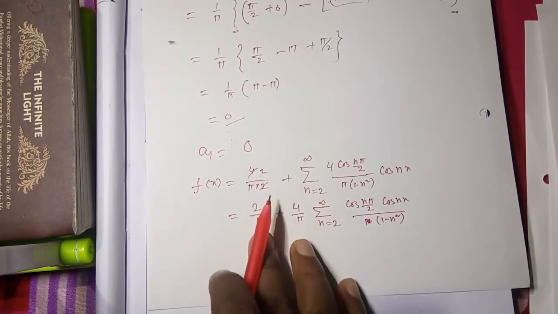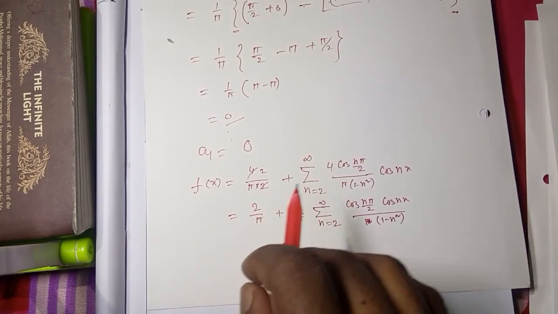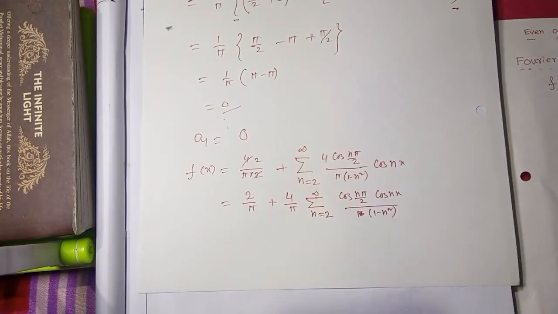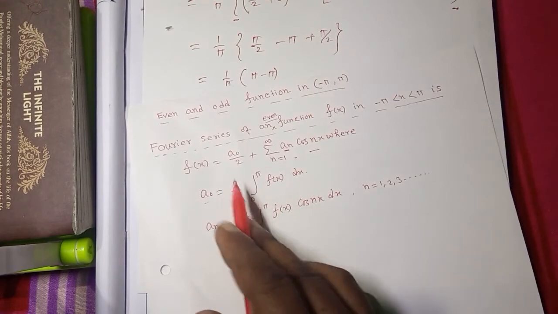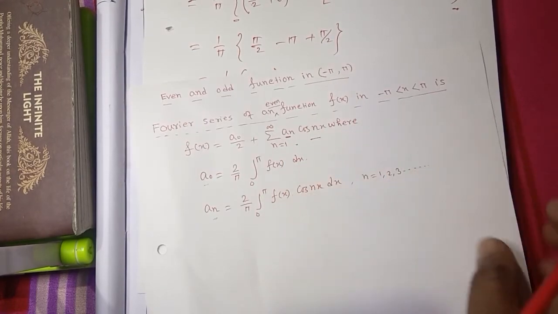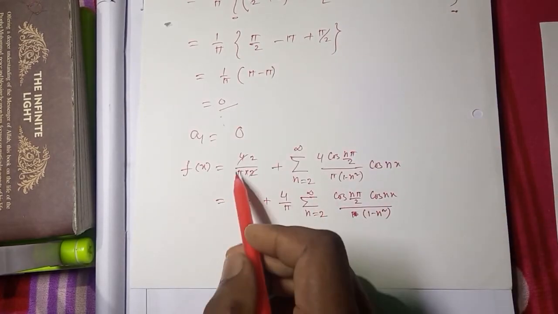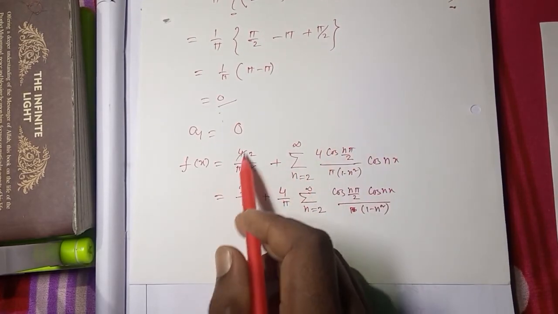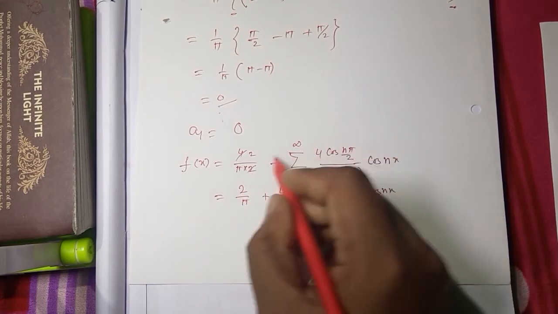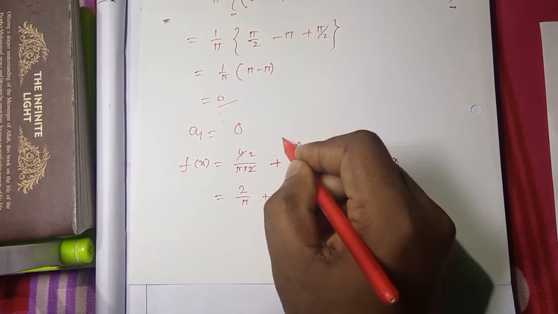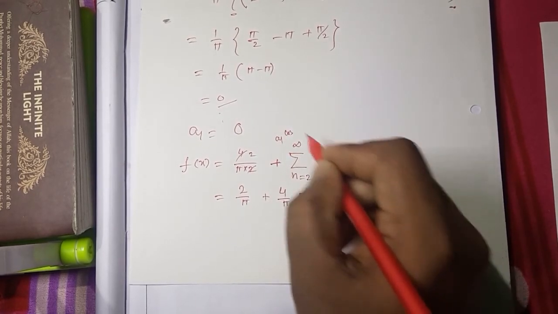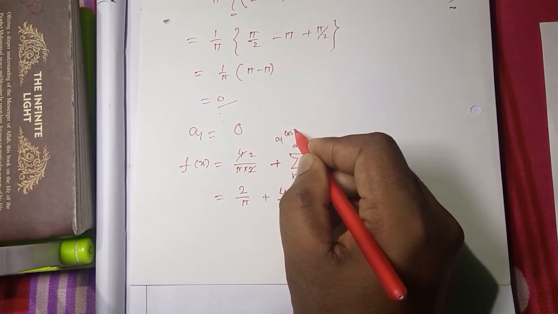And the actual Fourier series is given by the function f of x is equal to a0 by 2 plus summation n equal to 1 to infinity an cos of nx. Here we put a0 as 4 by pi by 2, and for a1 we skip the term as a1 is equal to 0.